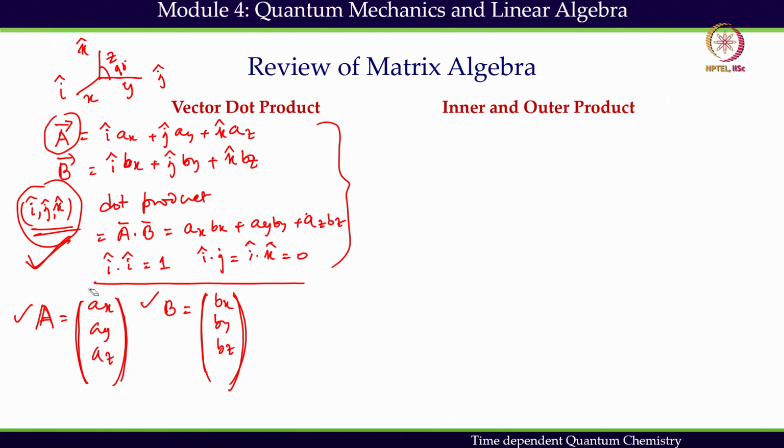So let us see what this dot product means. For the dot product, I have to reach this expression. Finally, I have to reach this expression, and it can be obtained this way.